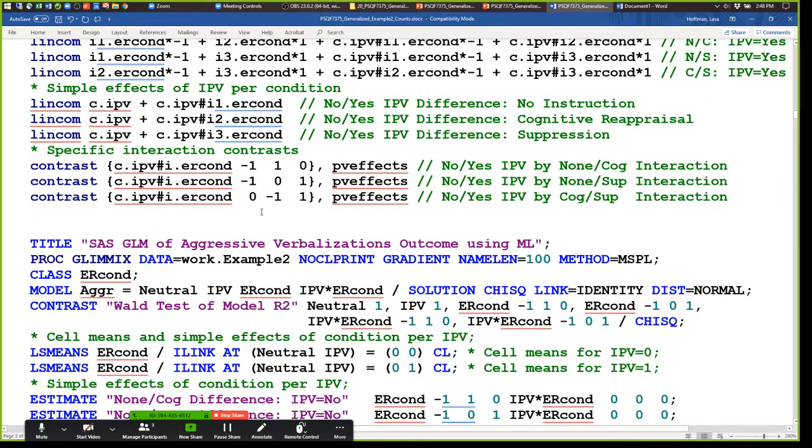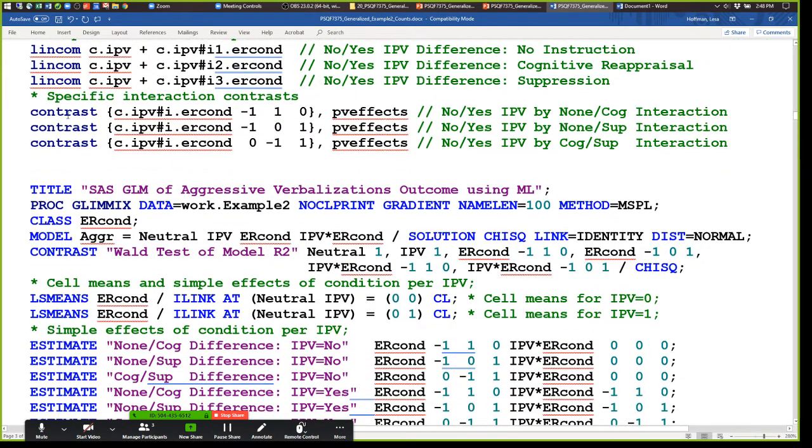In Stata, there are contrast statements that look a lot like SAS. So this is the only instance in which you see the same pattern of 1s and 0s. The interaction contrast of group 1 versus 2, group 1 versus 3, and group 2 versus 3.